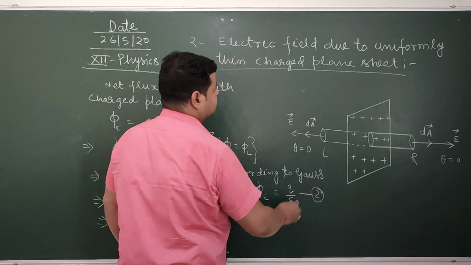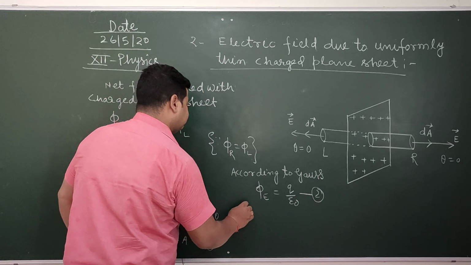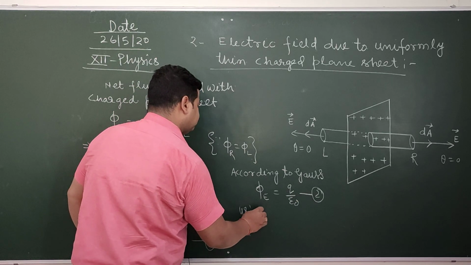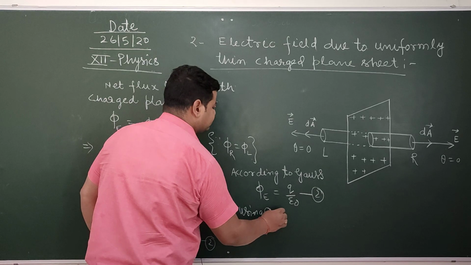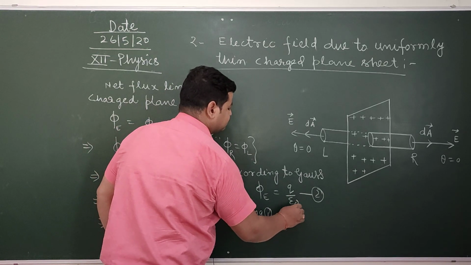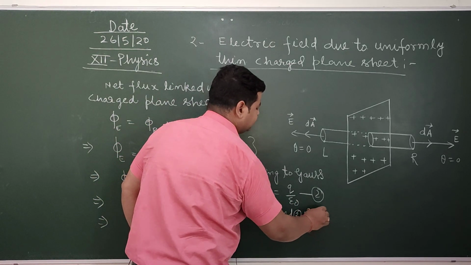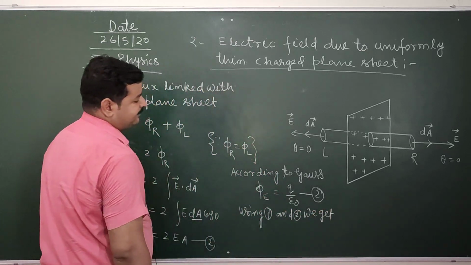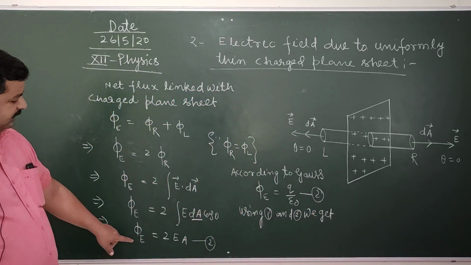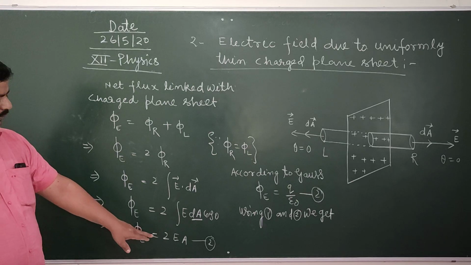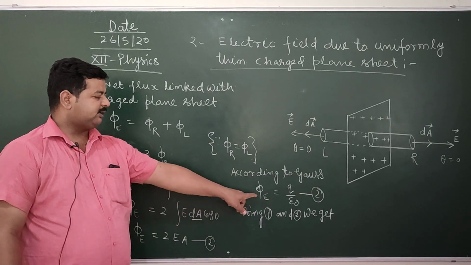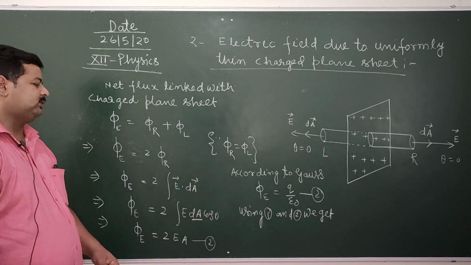This is equation second. So from equation first and second, phi is equal to 2EA and phi is equal to Q by epsilon naught.